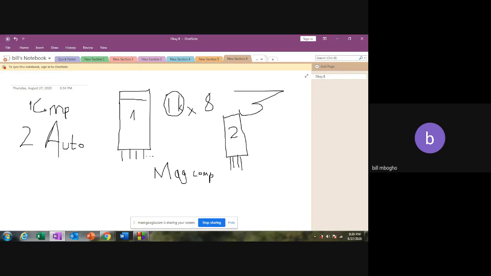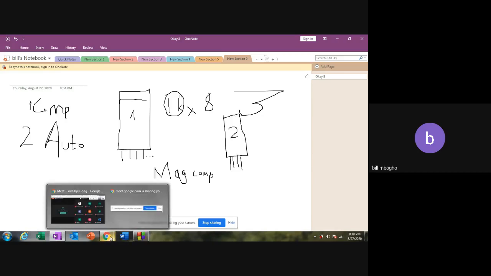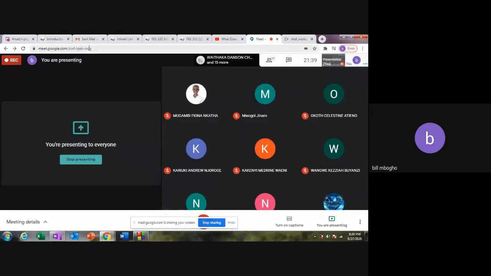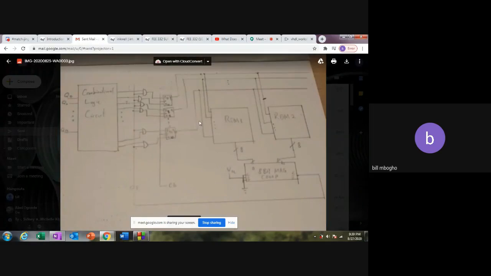Those ones, we had done them in the previous semester. A modulo X counter counts from 0 till X minus 1, and then it goes back to 0 and counts again till X minus 1. So now we want such a counter, yeah? We want it to automatically take us from 0 till 1024.